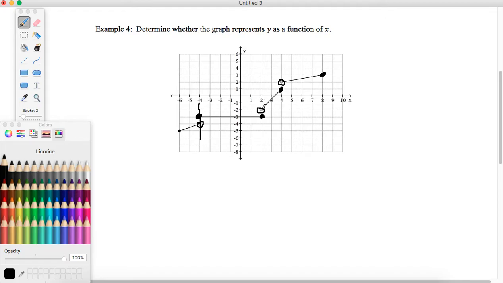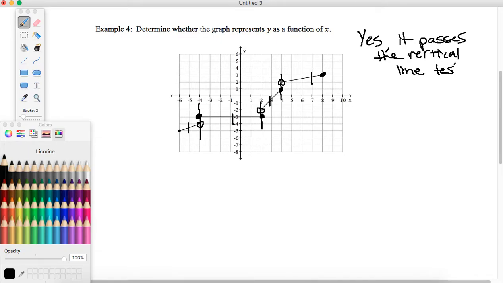And since both of these come in pairs of open and closed circles, I passed the vertical line test here, and I passed the vertical line test here. And of course, in these line segments, I passed the vertical line test as well. And so I'm going to say yes. It passes the vertical line test.